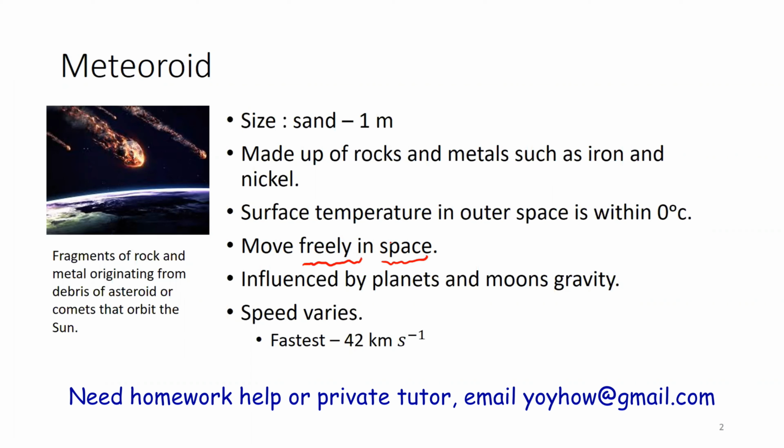The movement of the meteoroid is influenced by the gravity of the planets and the moon. If the moon's or the planet's gravity is very strong, it will pull the meteorite to that particular side.